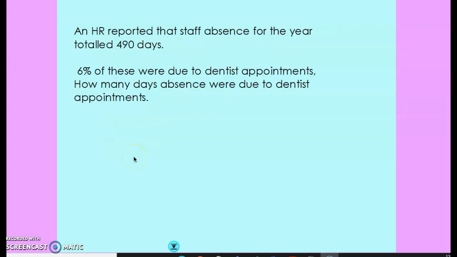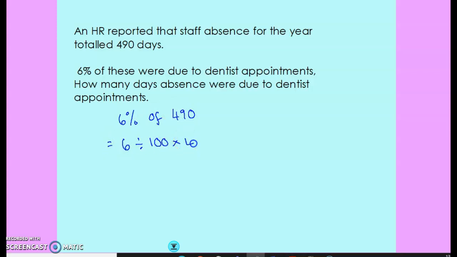Okay, next one then. HR reported that staff absences for the year totalled 490 days. 6% of these were due to dentist appointments. How many days absence were due to dentist appointments? So we need to find 6% of 490. Again, no difference here. Percent means out of 100.